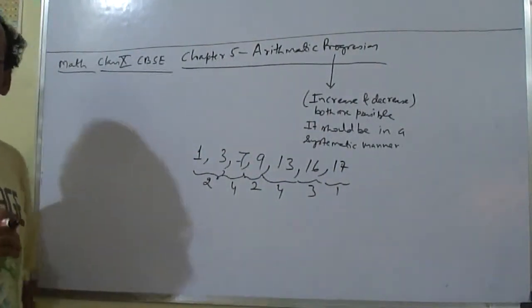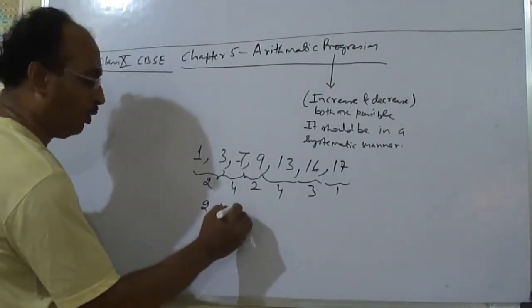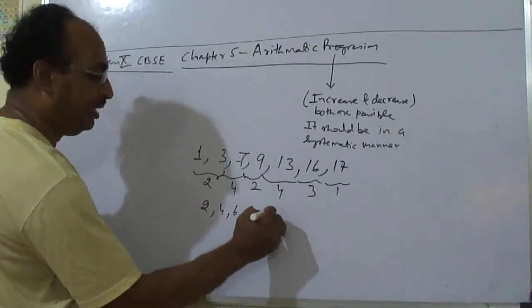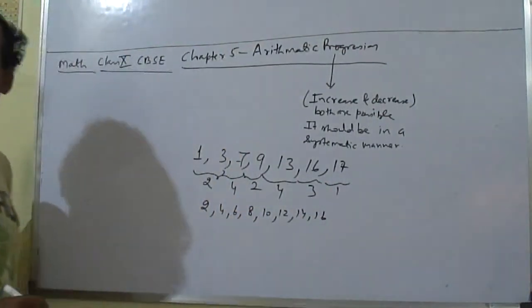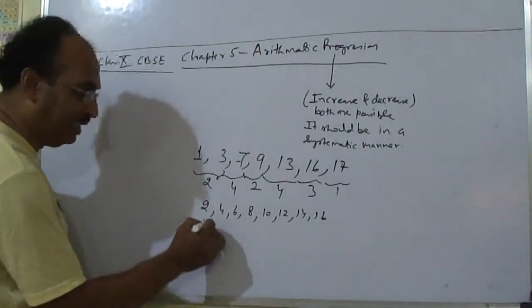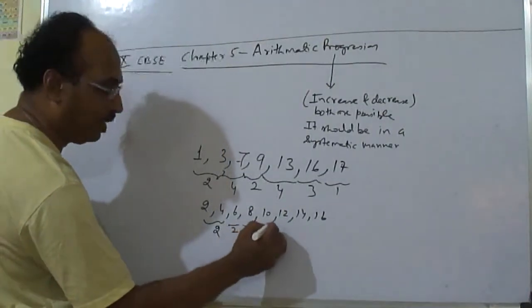Another one: suppose you have 2, 4, 6, 8, 10, 12, 14, 16. Here the increase between each pair is 2, again 2, again 2, again 2.